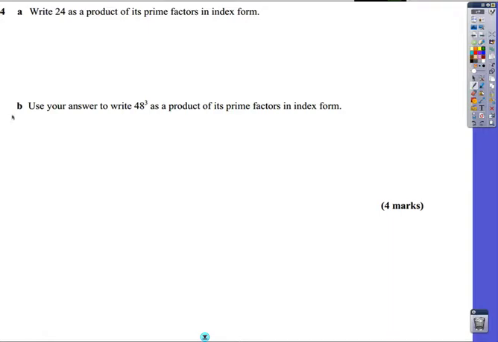Okay, question 4, write 24 as a product of its prime factors in index form. 24 very quickly is just going to be 2 times 12, circle your prime, 3 times 2, circle your prime. So 24 is equal to 2 times 2 times 3.